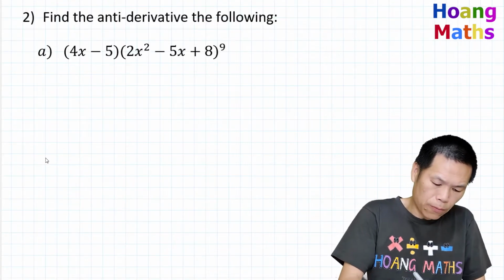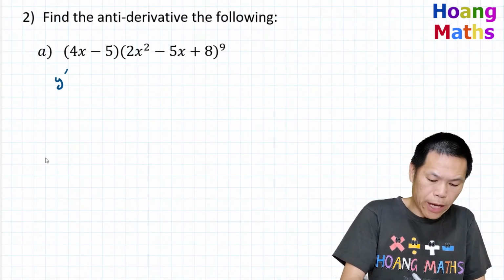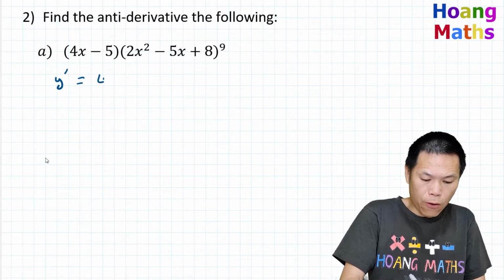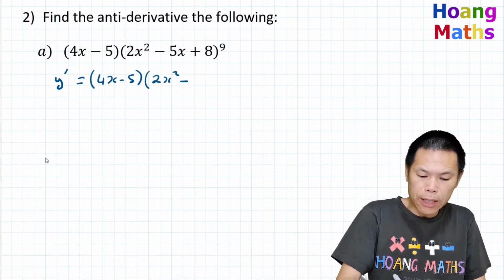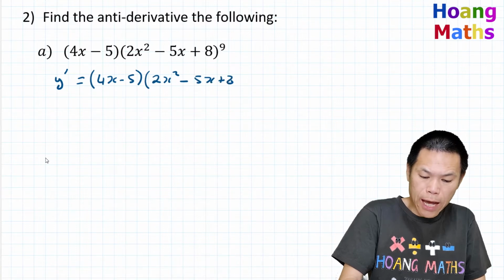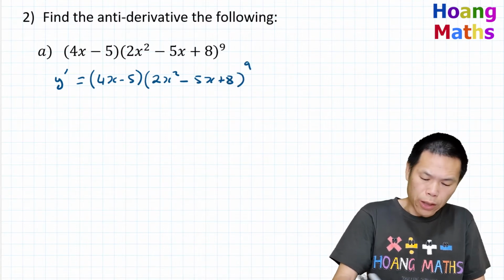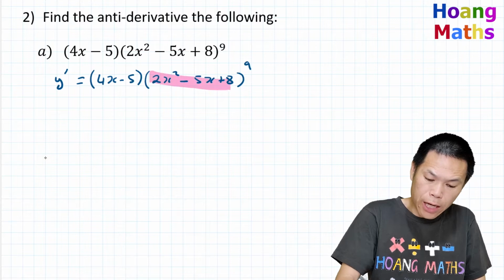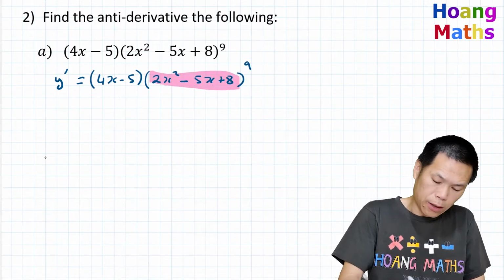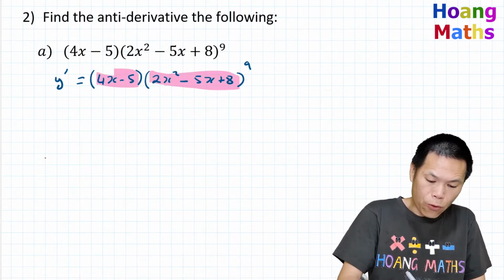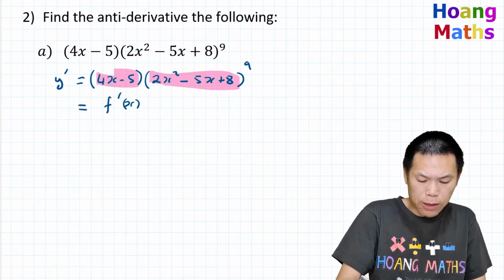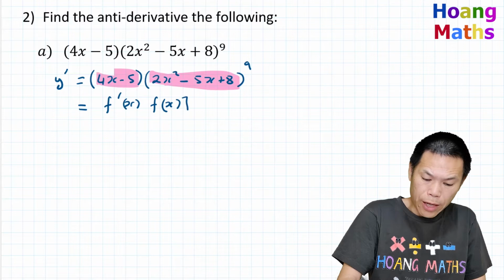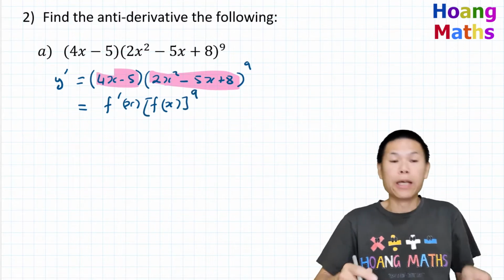So first of all, let me just write y dash is equal to (4x minus 5) times (2x squared minus 5x plus 8) to the power of 9. If we differentiate this function here, it will give me this function here. So therefore, this is the same as f dash x times f of x to the power of 9, correct?